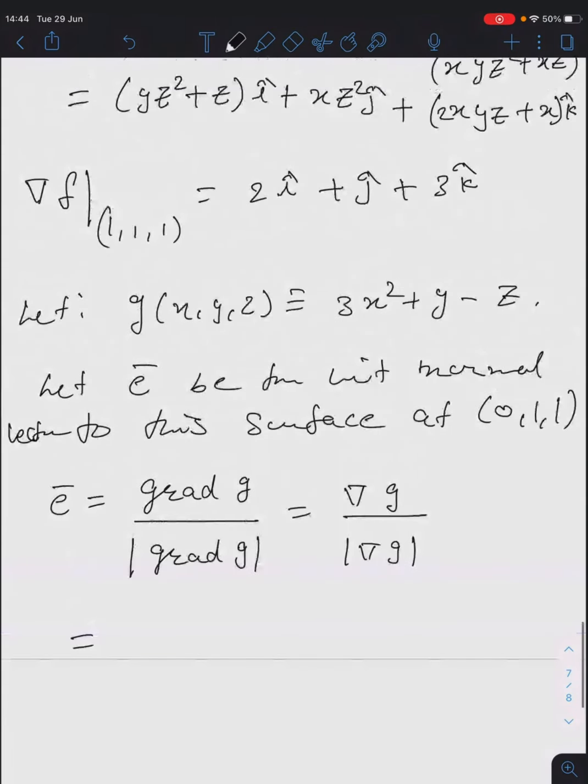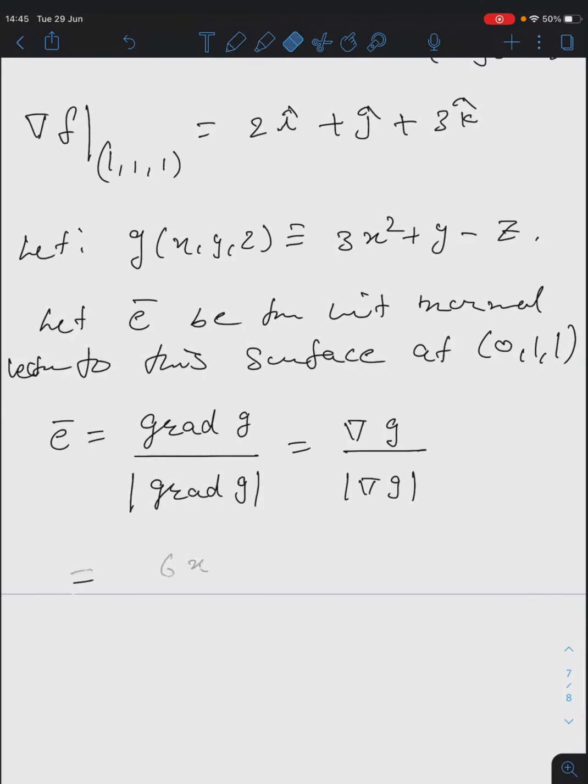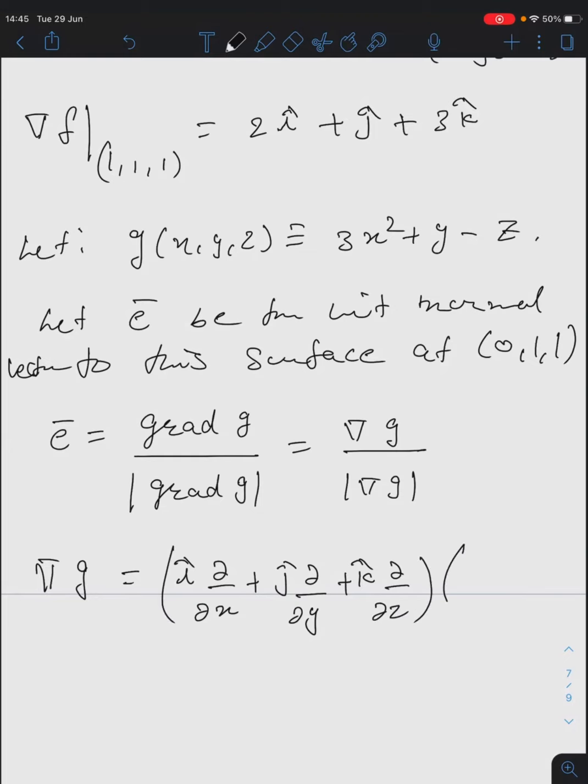Tell me directly, or let me write. Del g means i dou by dou x plus j dou by dou y plus k dou by dou z. g is 3xy square plus y minus z.